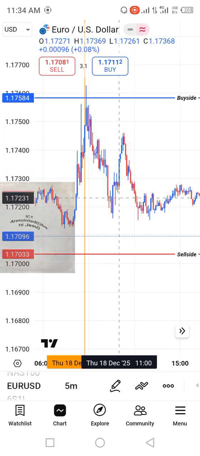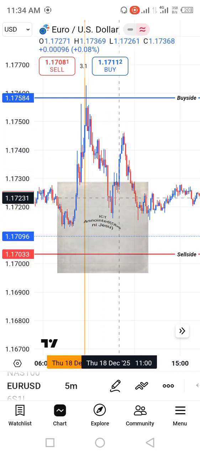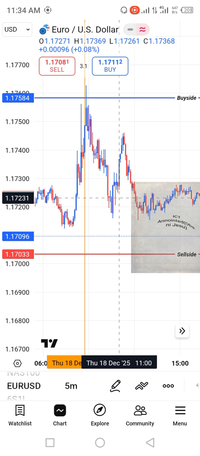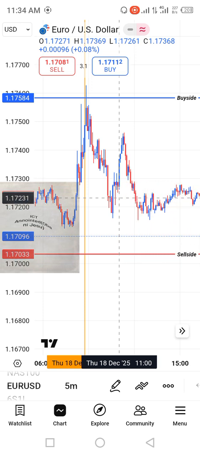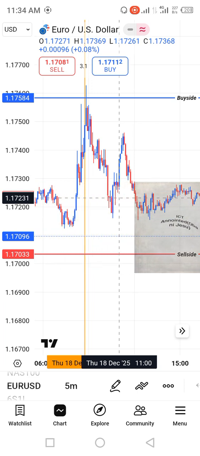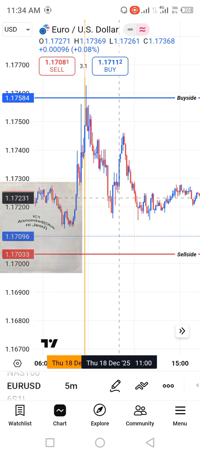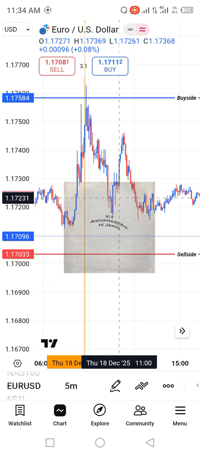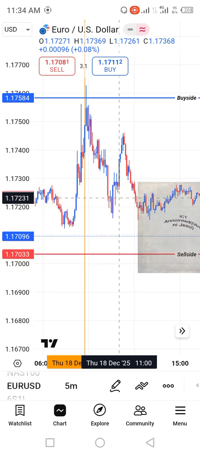And from there I did my analysis right from the dollar index, and I transferred that information to the foreign currency, the pair that I traded, which was Euro USD in this case, and the rest was just a beauty to watch.